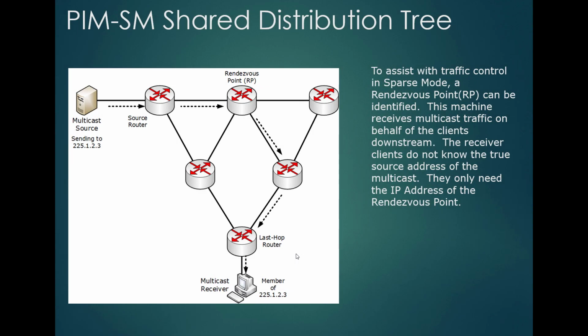Then the book shows another example of the shared distribution tree, where the router receives the multicast traffic on behalf of the client, and the downstream receiver clients do not know the true source address of the multicast, so they only need the IP.